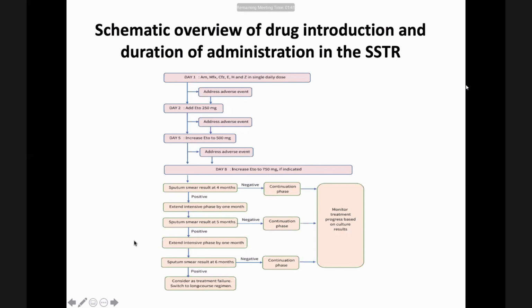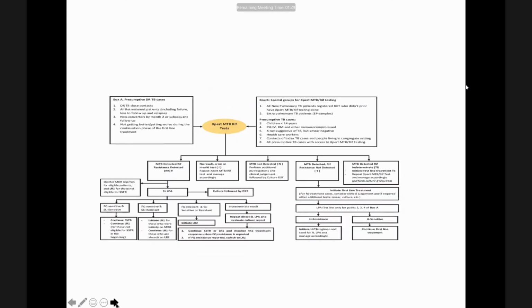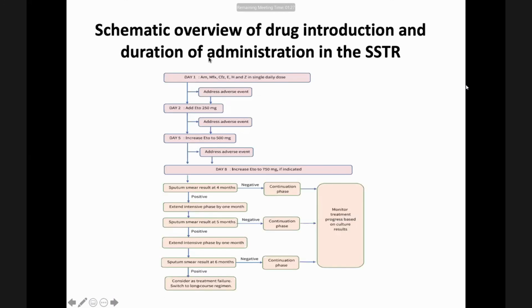So this is the schematic overview of the drug introduction and duration of administration in the short-term regimen. On day one, you are going to use amikacin, moxifloxacin, clofazimine, ethambutol, isoniazid, and pyrazinamide in a single daily dose.